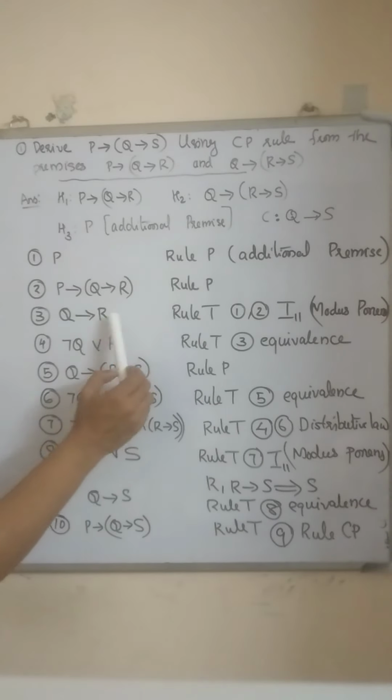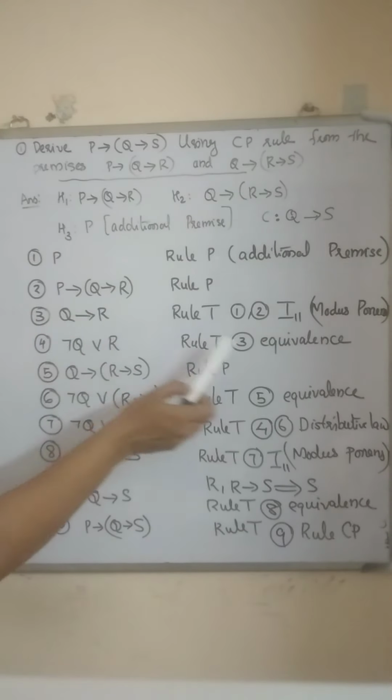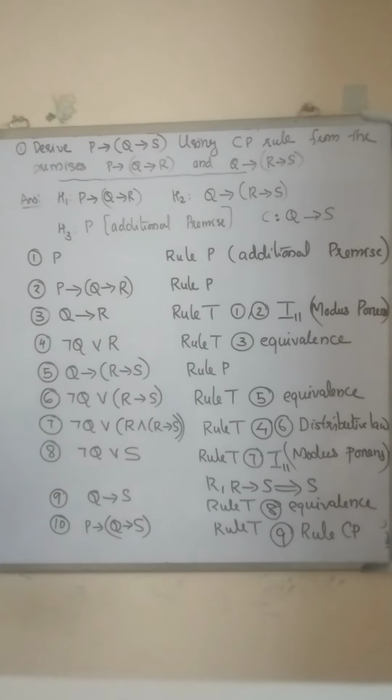So rule T: in step 3, we use an equivalence formula, negation Q or R.